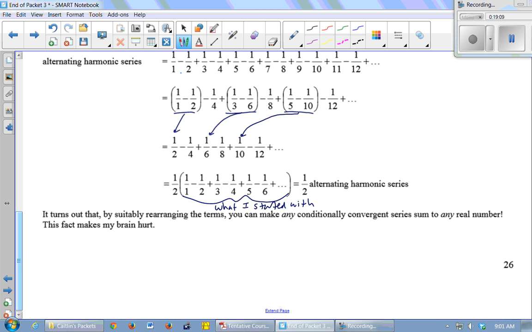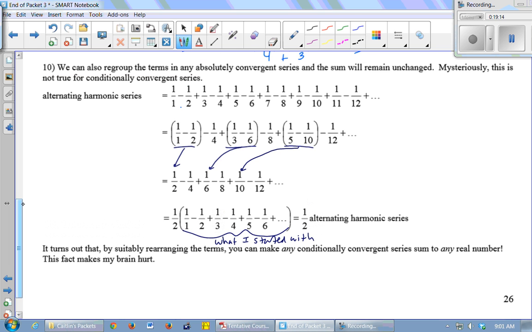Is that kind of mysterious? Trying to figure out what this sum is, this infinite alternating harmonic series, I just did some, what I think is allowed math. When you do addition, you can change the order. You can add it up in any order you want. And I end up with half of what I started with. So the sum is equal to half of itself.